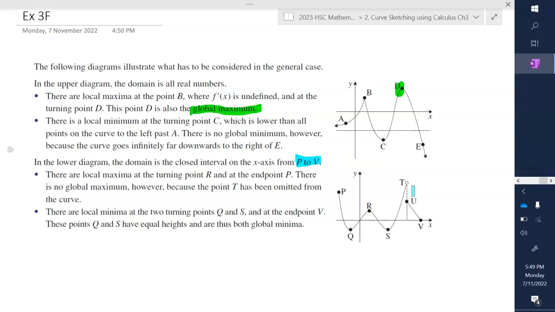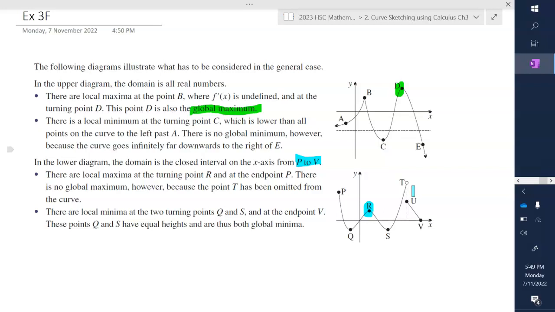So we're saying that there's a maximum occurring at R, a maximum turning point. There aren't any other maximum turning points in there, but our point T, which looks like it's the highest, has been omitted, so we've got U included in that. So U's a little bit higher than R, but it's not a turning point. So we'd call this a maximum. It's not going to be our global maximum.